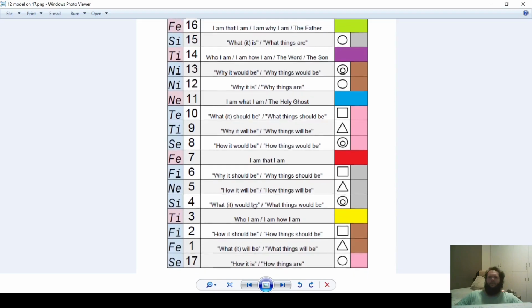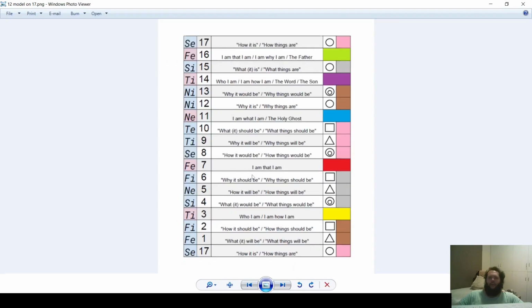So my theory of cognitive functions is far more elaborate, and it's not just like MBTI, which has almost the same roots that socionics has in terms of its cognitive functions, which were just taken from Carl Jung.